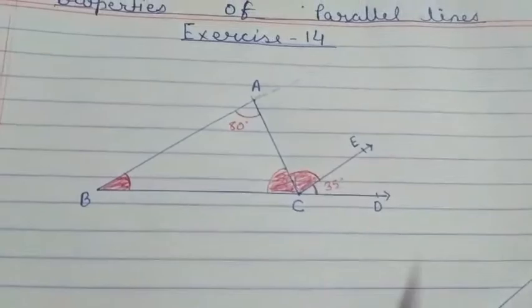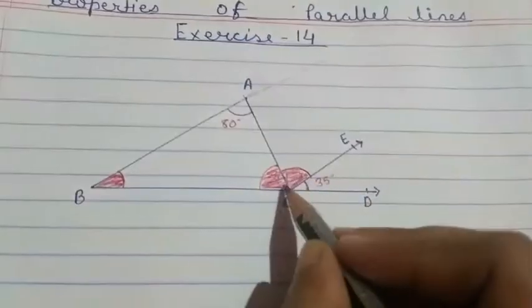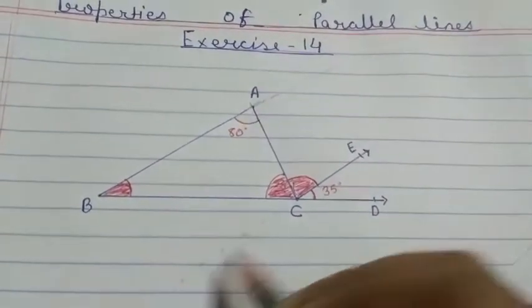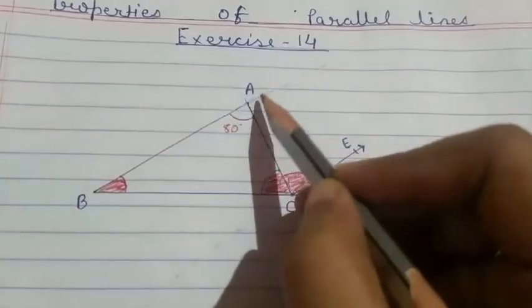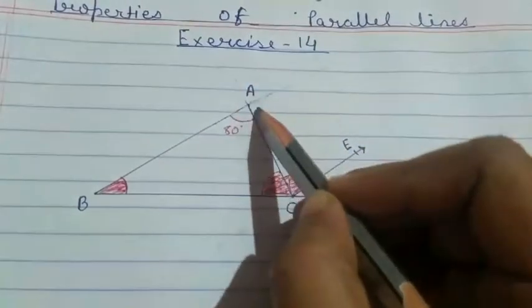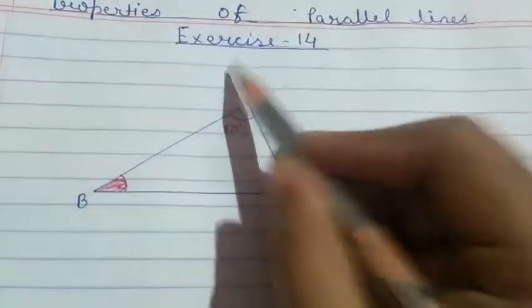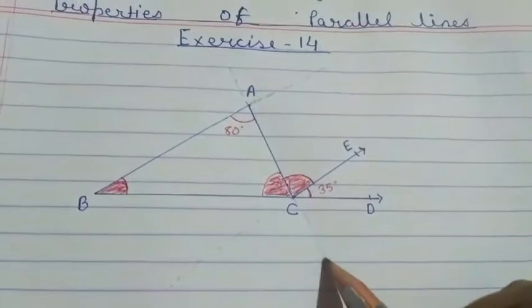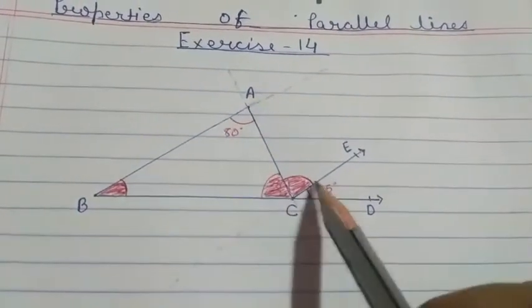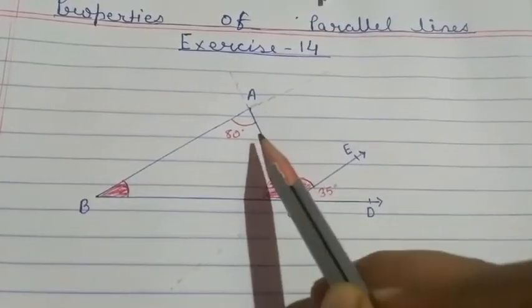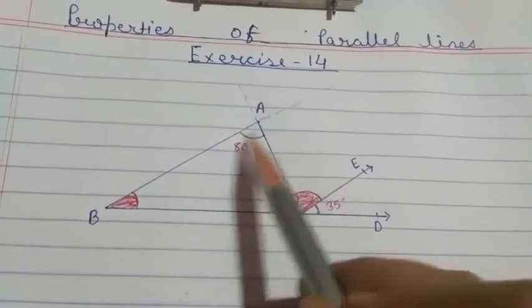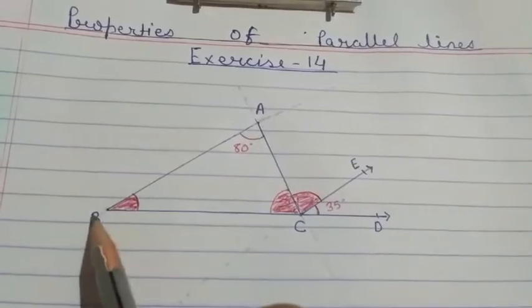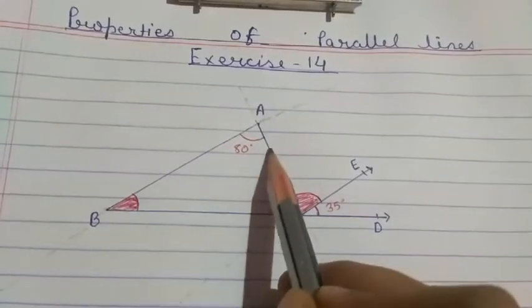If you extend this line and also extend this line, both lines are parallel, and for these parallel lines, you can see clearly that this one is a transversal.